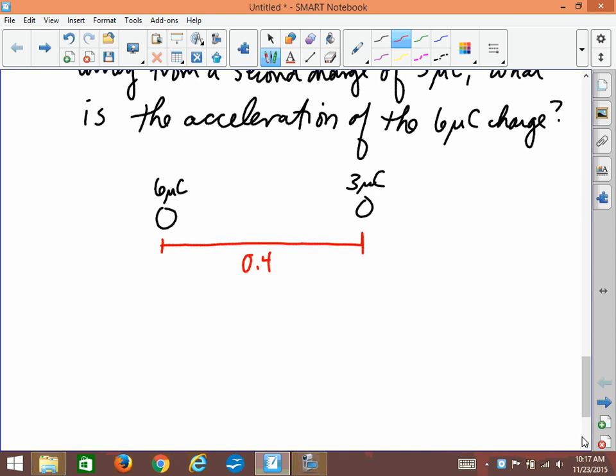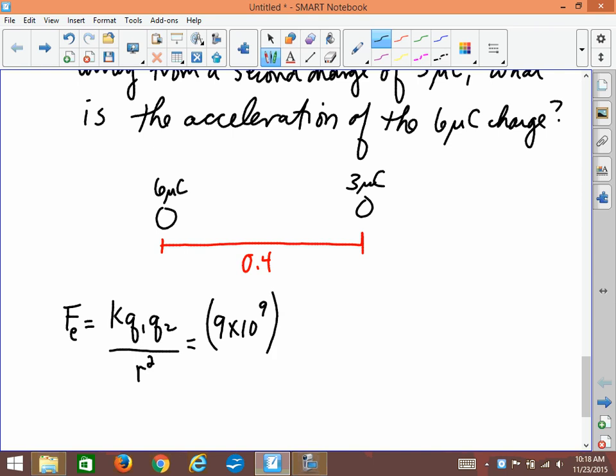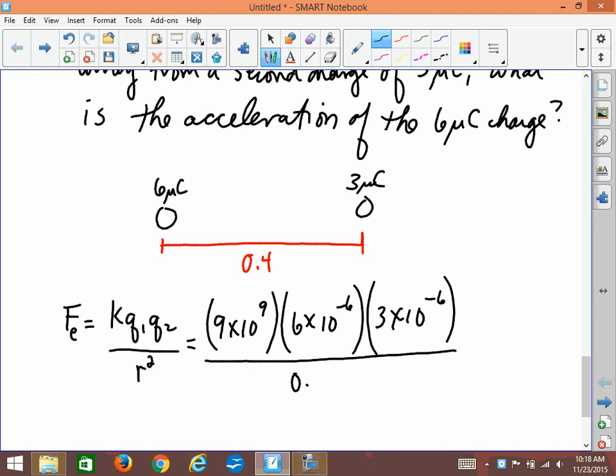And we'll crunch out our formula. The electric force, K, Q1, Q2 divided by R squared. So 9 times 10 to the 9 for K, 6 times 10 to the negative 6 multiplied by 3 times 10 to the negative 6 divided by 0.4 squared.